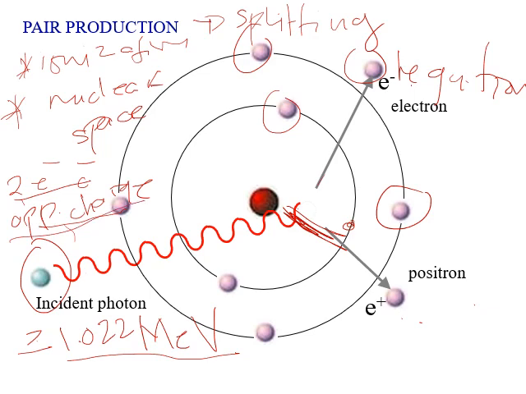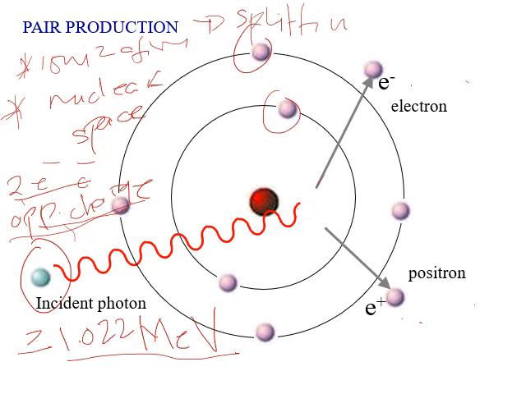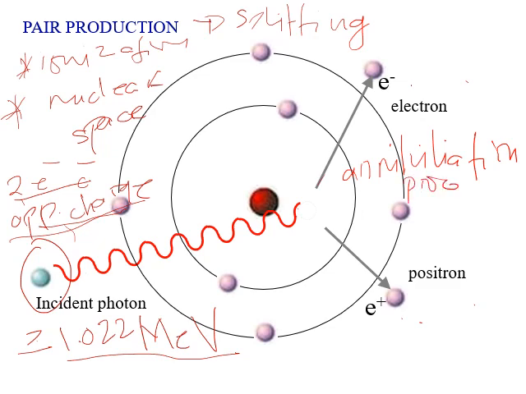And the opposite of pair production is what we call the, erase natin. So, the opposite of pair production is annihilation process.